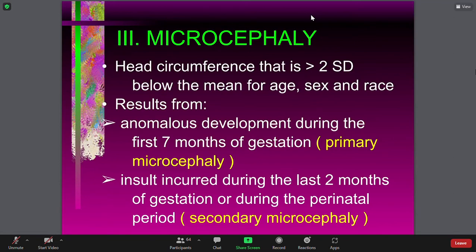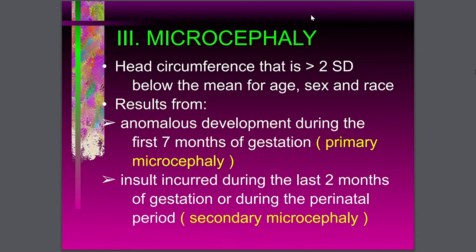So, a very common cause of secondary microcephaly is intracranial bleed, so parenchymal bleed that is secondary to acquired prothrombin deficiency syndrome, because of the deficient clotting factors in the baby because of the vitamin K deficiency.